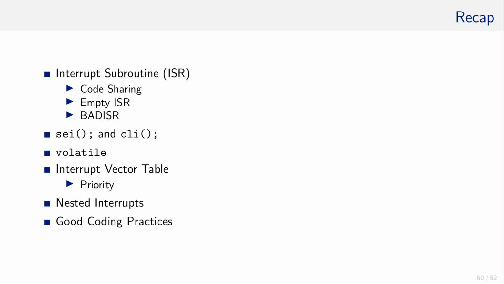Further, we had a look at the interrupt vector table and saw which interrupt is executed if two of them happen at the same time. Towards the end of the chapter, I showed you some examples of how not to write an ISR, that is, long waits in the ISR or calling the delay function.